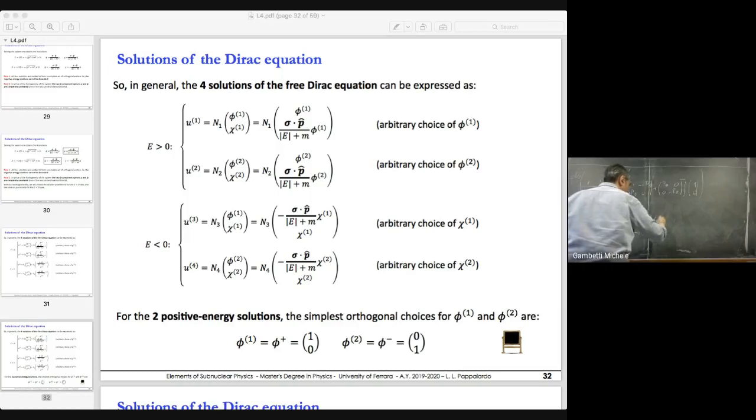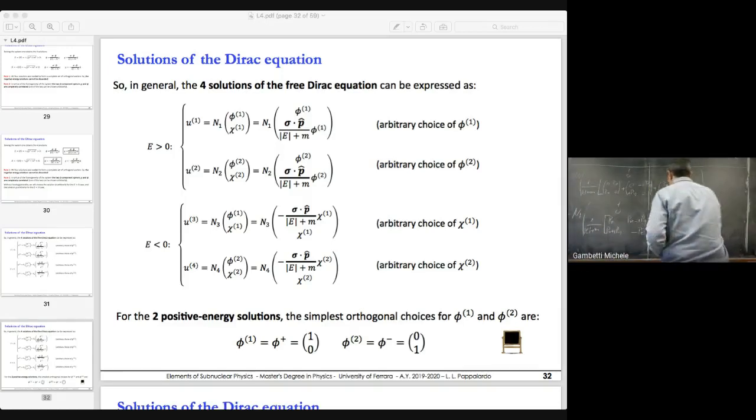All these acting on (1, 0). So this is N1 times (1, 0).